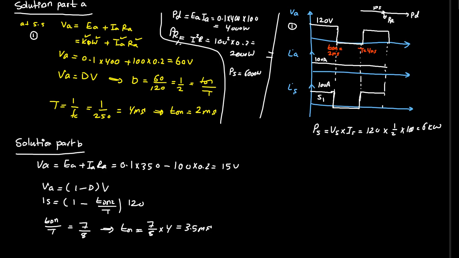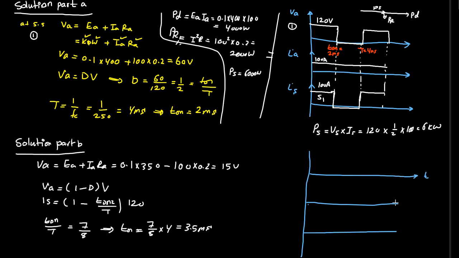Now if we need to plot the waveforms, now this is the T, and we need to plot the VA and the current IA and the supply current IS.